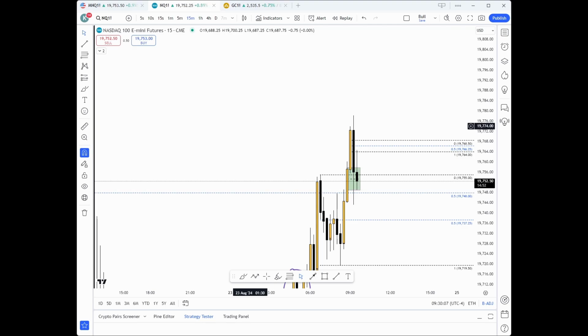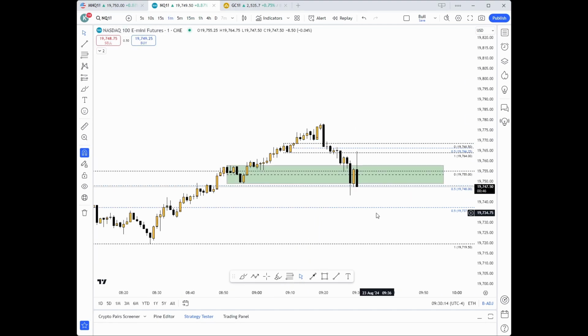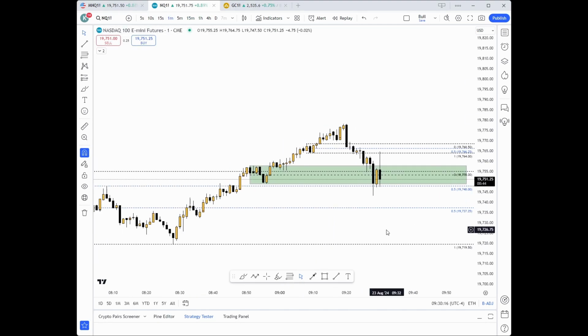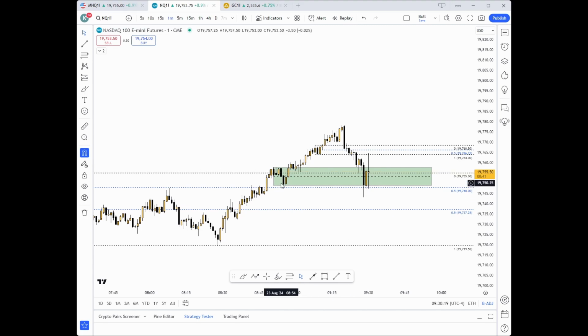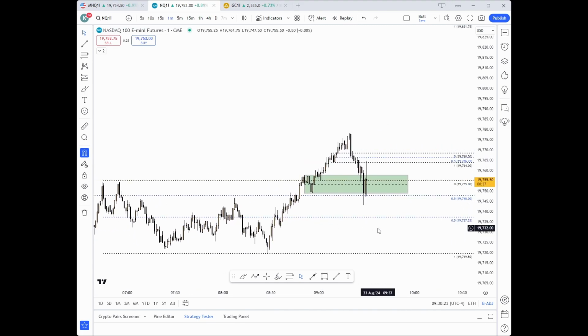Ooh. What do we get here? Trade back into the prior zone. Interesting. Still didn't break this. Technically broke 1 minute structure, but I like this larger area.